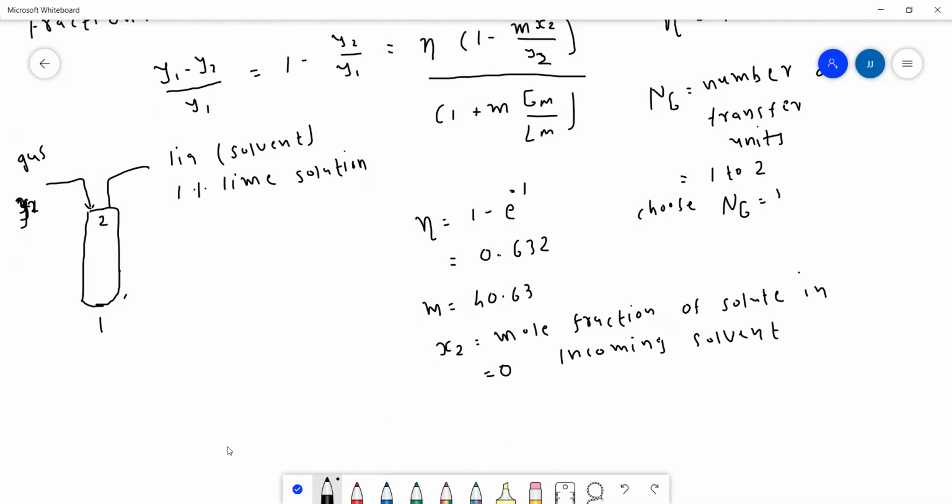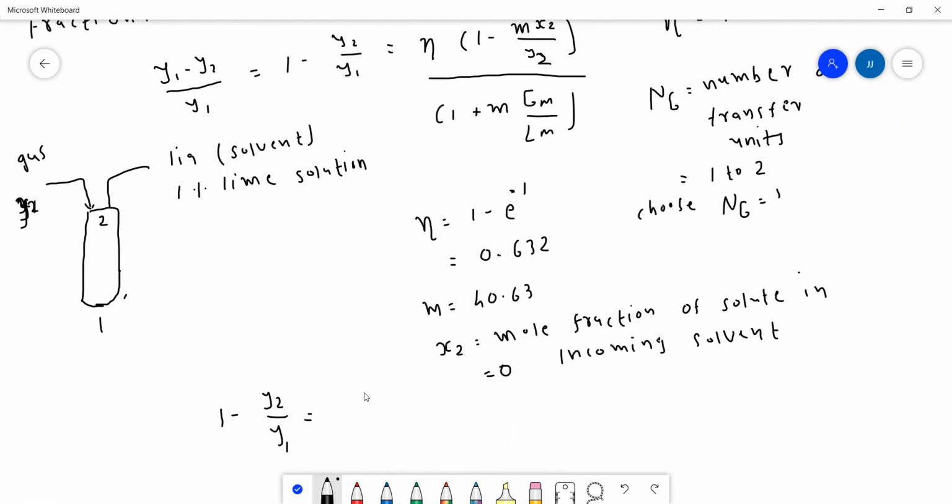Now we can write 1 minus Y2 divided by Y1 is equal to eta.